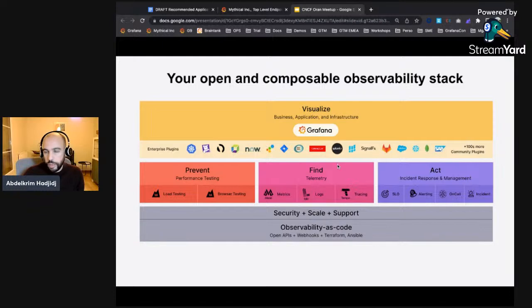It's mainly the database that collects telemetry data from your infrastructure and your network and stores it, and you will be able to do alerting or queries and things like this. Then we add a few other components around load testing or incident management. For instance, when there is an incident, who is the person on call?